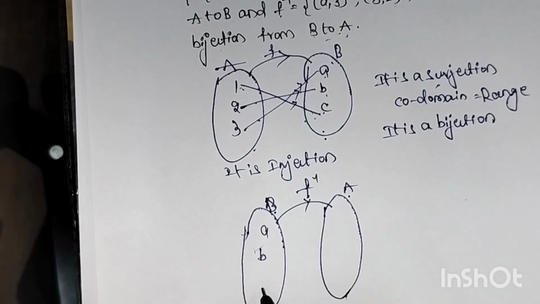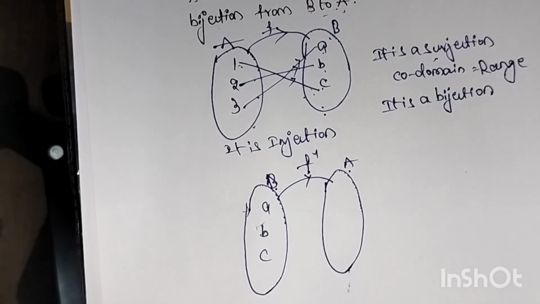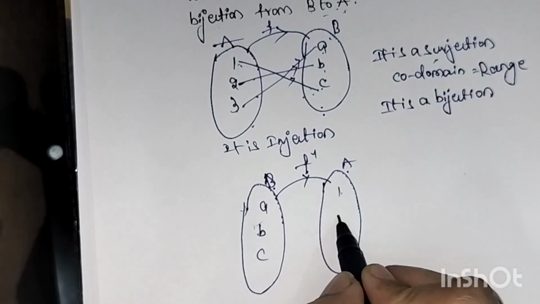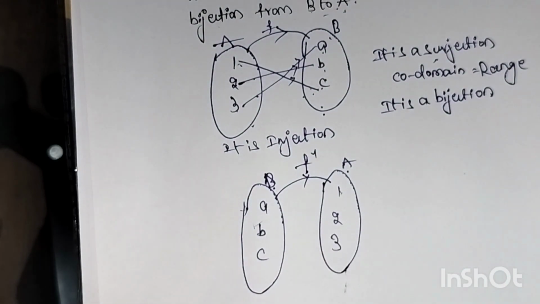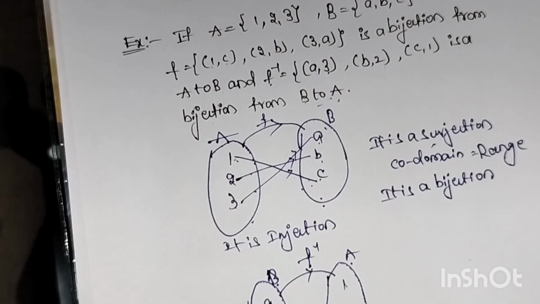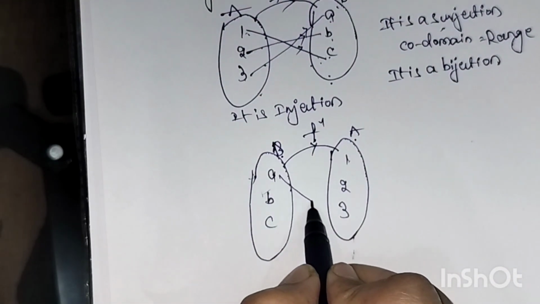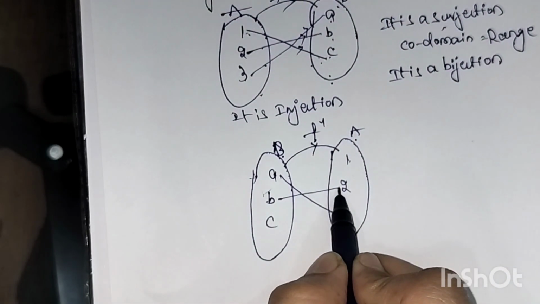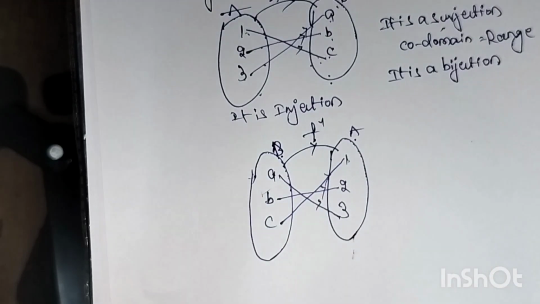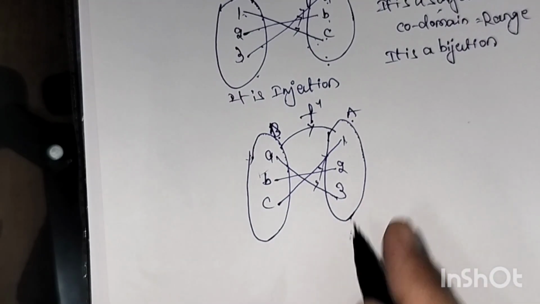Set A elements are 1, 2, 3. F inverse: a to 3, b to 2, c to 1. Is it a bijection or not?